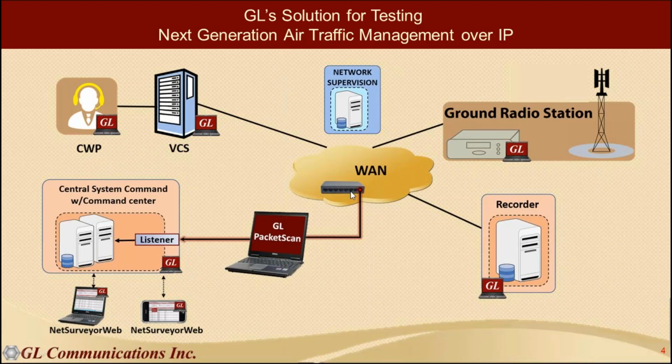Further, our web application, that is NetSurveyor Web, can be used to monitor and generate key reports for network quality. And it also helps in remote monitoring of the ATM network.